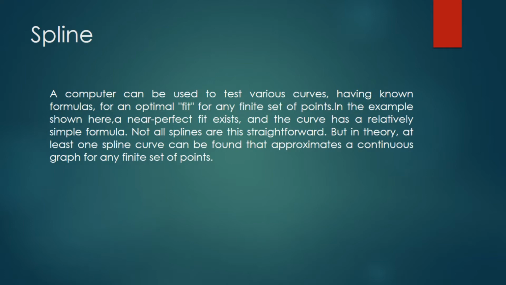The example shown here has a near perfect fit, and the curve has a relatively simple formula. Not all splines are this straightforward, but in theory, at least one spline curve can be found that approximates a continuous graph for an infinite set of points.